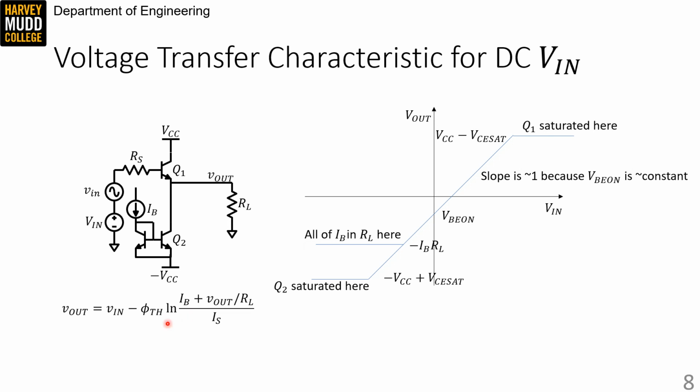This behavior appears in this equation, by the way, because if V out over RL becomes a negative value and equal to IB, then we'll be taking the log of 0, which means VBE blows up to an increasingly large value, showing that our V in minus VBE will stay the same as V in increases.